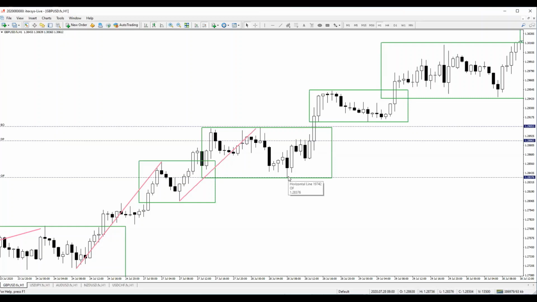By the very same concept, there weren't enough sellers to fulfill the buying demand, and therefore there are leftovers of buying orders. So once price gets back to this extreme, we assume that there are still buying orders waiting here, and therefore price will have a reaction up here.